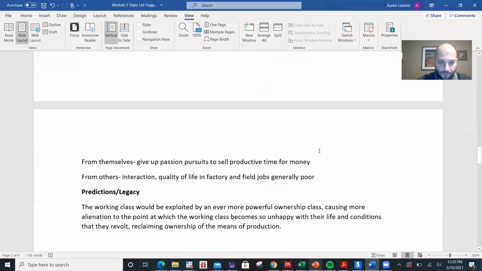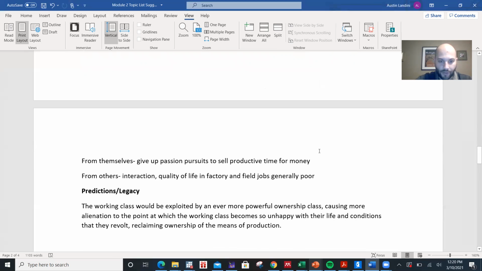Alienation from the self, meaning that wage workers have to give up their passion pursuits or interests in order to sell their productive time for money, and there's an emotional cost to that. And then also alienation from others, because the realities of day-to-day life as a factory worker, as a wage worker, meant limited interaction, limited quality of life, and so on.